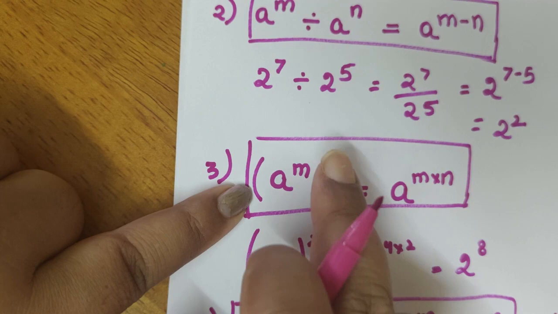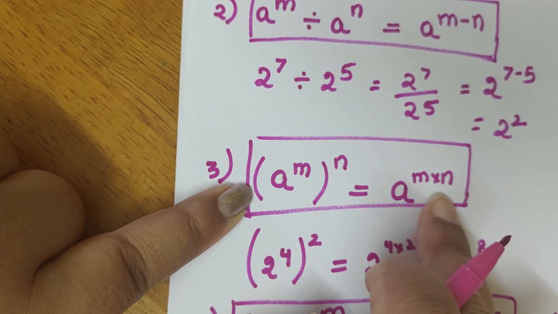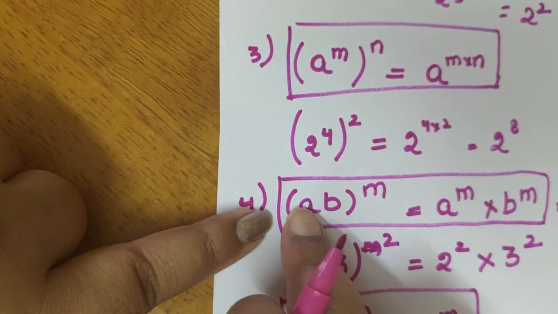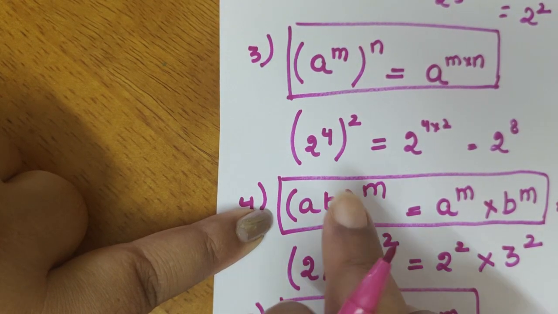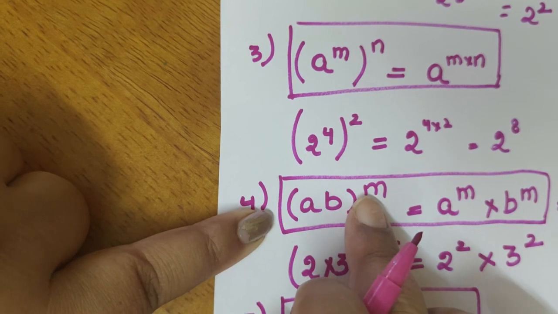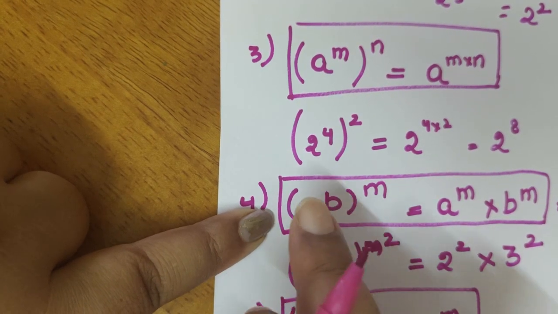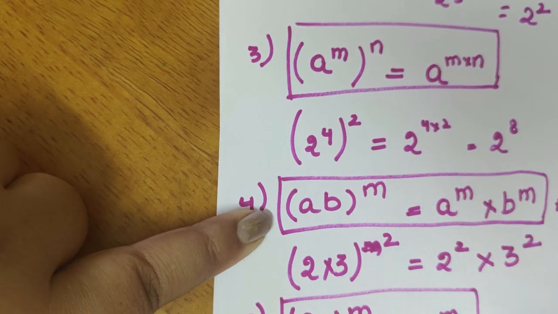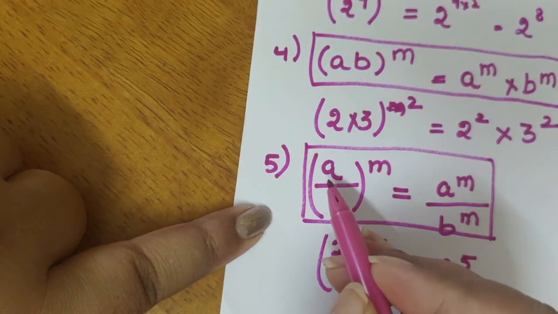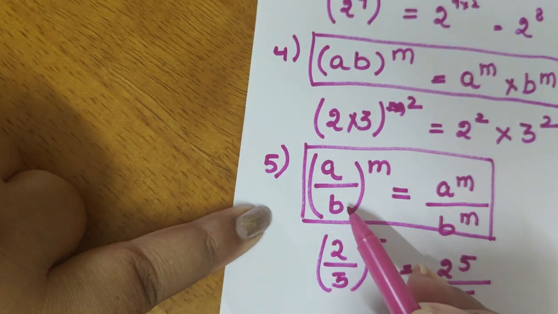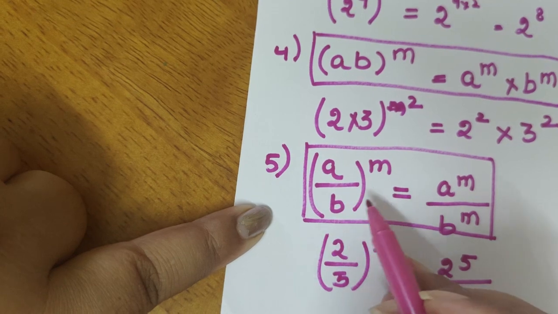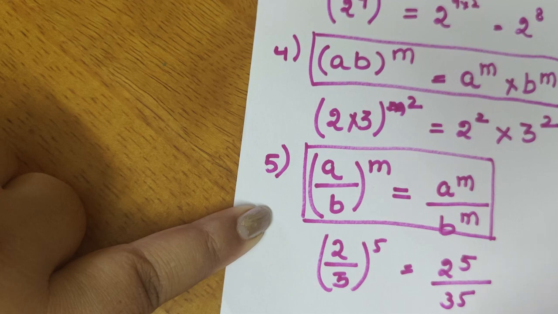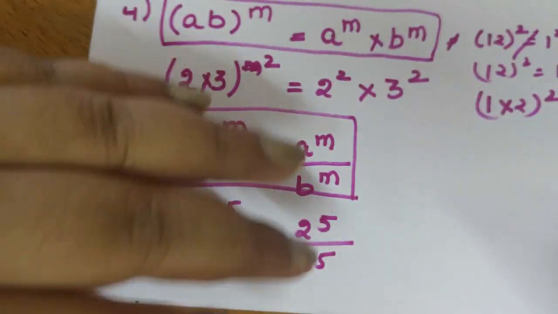Whenever we open the bracket, these two powers multiply. The fourth one says, if I have two different integers in a bracket raised to any power, when I open the bracket, each integer will have that power. And the fifth one is, here we have multiply, here we have divide: a by b. When I remove the bracket, a will also have the power and b will also have the power.